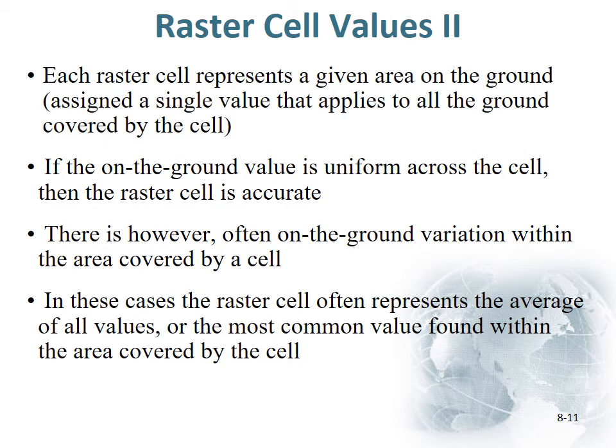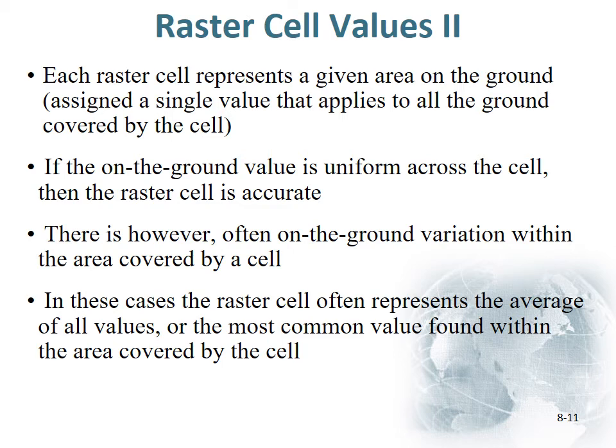So with each cell in a raster representing a specific spot on the ground and containing a single value about the ground, the surface, it follows that if what you observe or the measurement, what's actually there on the surface, if that value is uniform across the cell, then the raster cell is accurate, truthful, telling you what is actually out there in space.